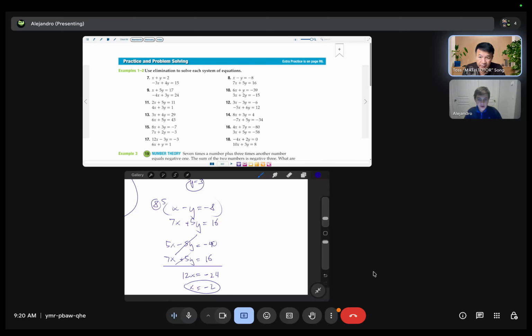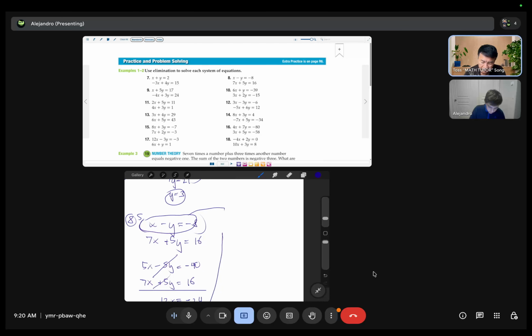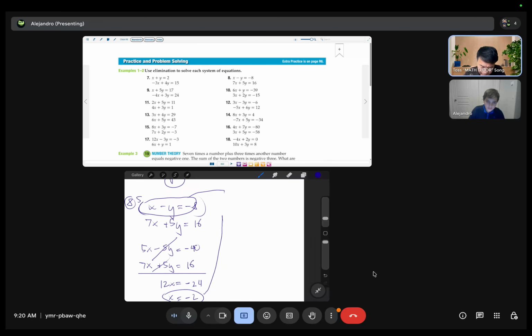Okay, this one, if you were to solve for y, I would still go up to the first equation here, the original. Yeah, I know it's a negative y, but it's still better than you dealing with the 7, the 5, and 16, like fractions you're making. Okay, plug in your x being negative 2. So here it is, negative 2 minus y equals negative 8. Add both sides by 2. But when you do that, you still have negative y.